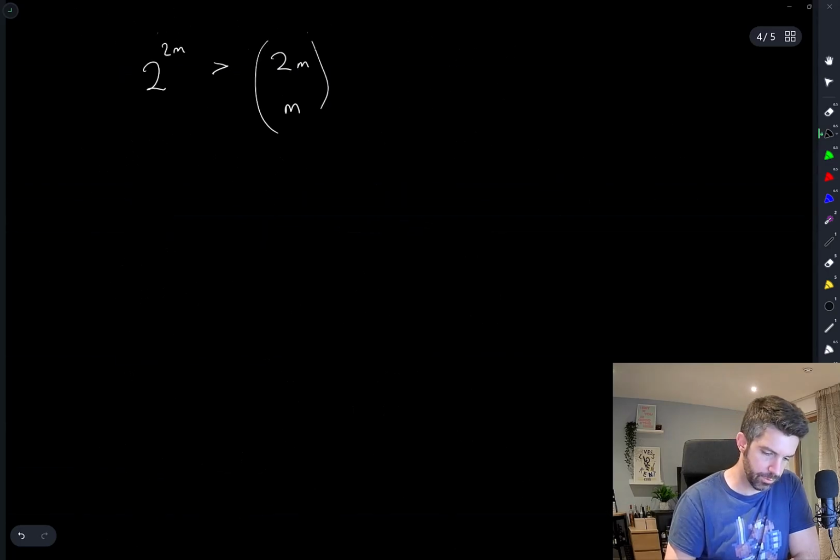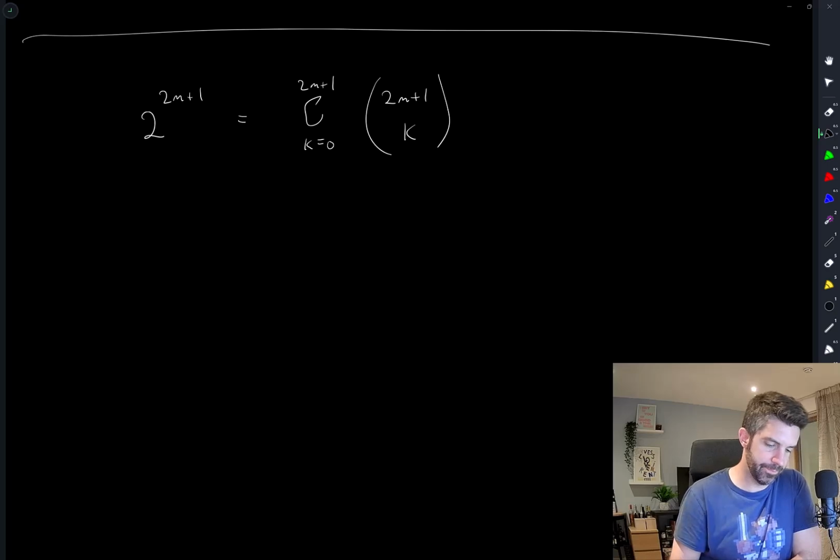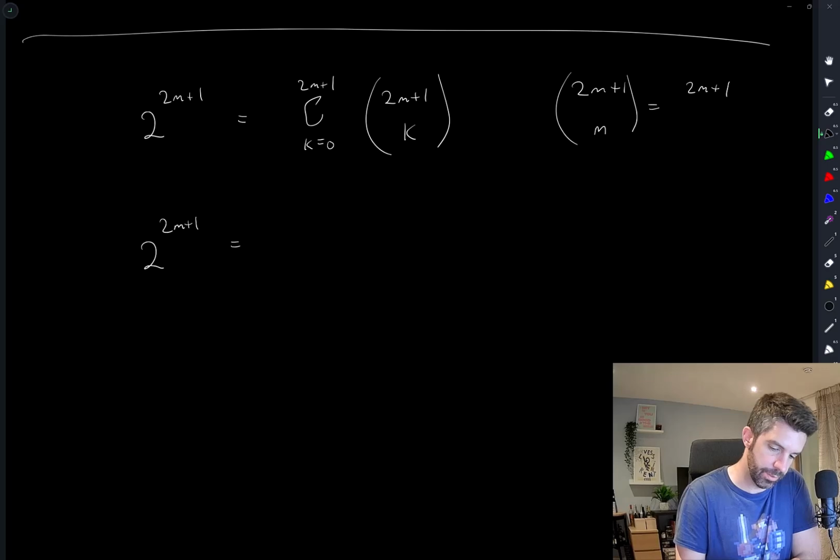Okay, let's go back to not the derivative, but the standard. 2 to the power of 2m plus 1 is equal to the sum, k goes from 0 to 2m plus 1, of 2m plus 1 choose k. Okay, I think I've got it here. So the key at this point is that 2m plus 1 choose m is equal to 2m plus 1 choose m plus 1.